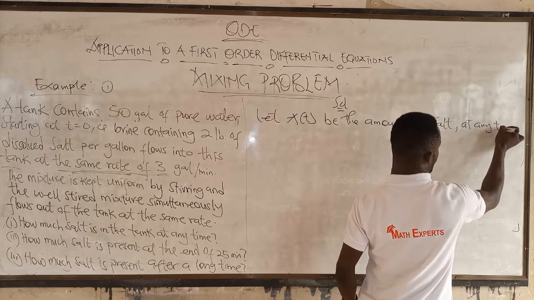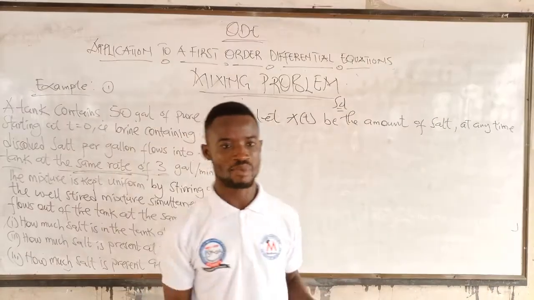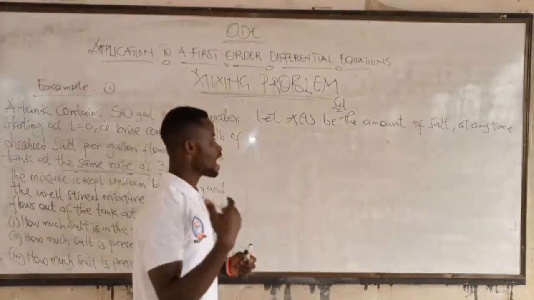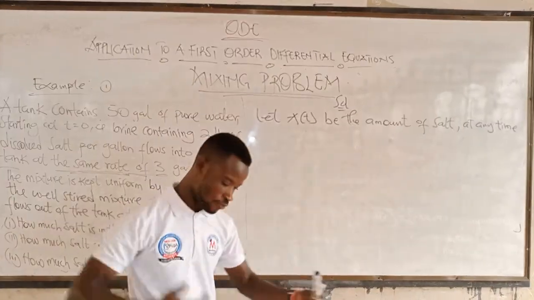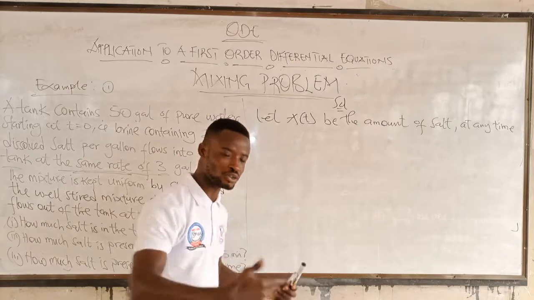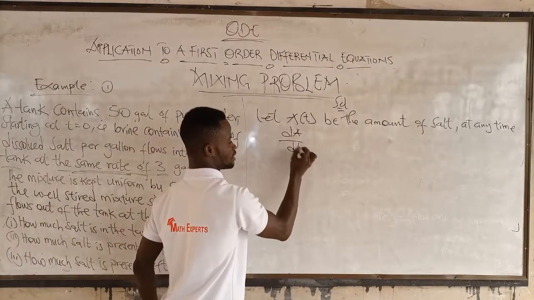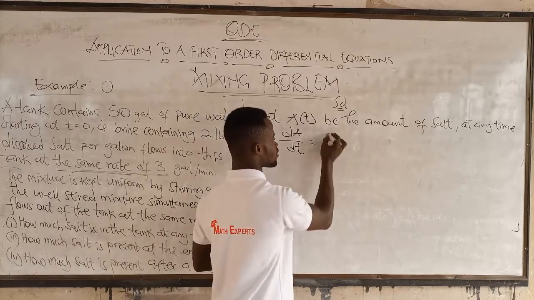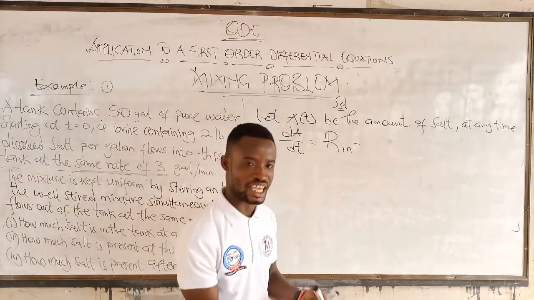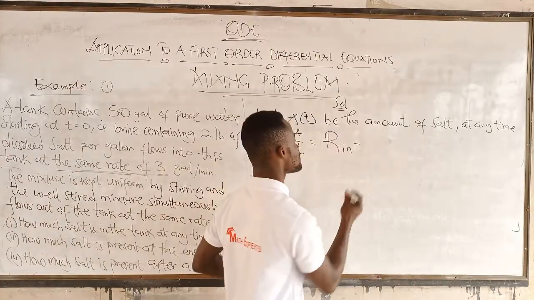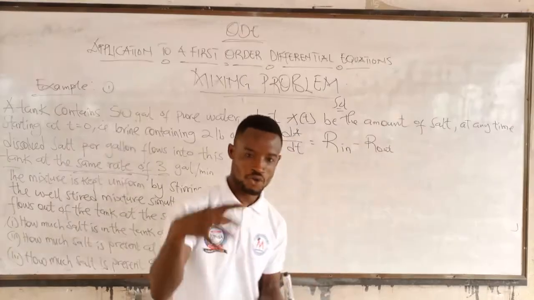The second thing you need to know is that the rate of change of the amount of substance, dA/dt, is equal to the rate in, that is the inflow rate, minus the rate out, the outflow rate.